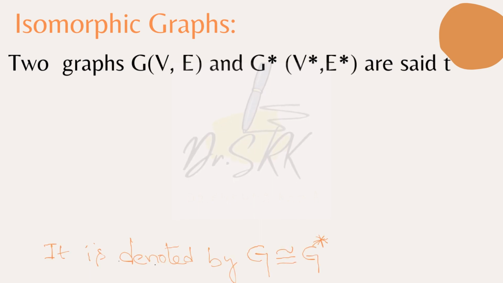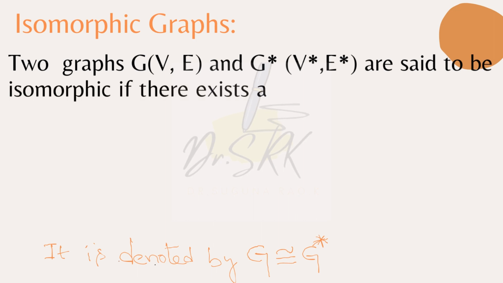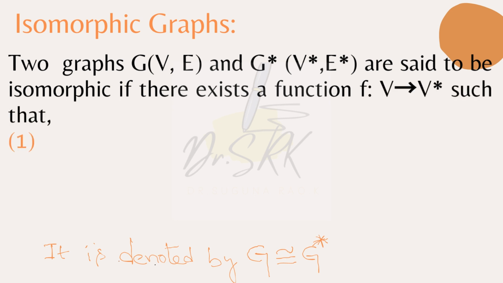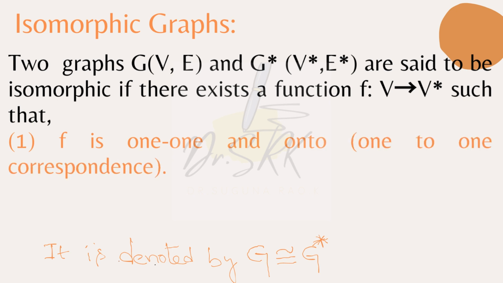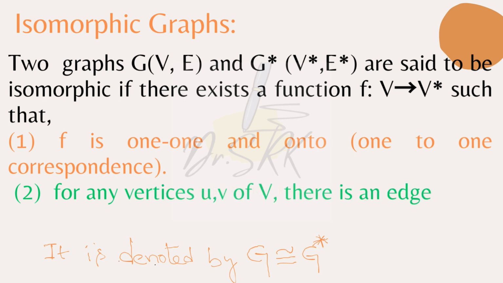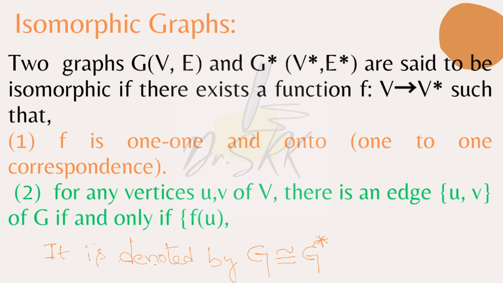Isomorphic graphs. Two graphs G and G star are said to be isomorphic if there exists a function between the vertex set of the first graph to the vertex set of the second graph such that it satisfies the two conditions.